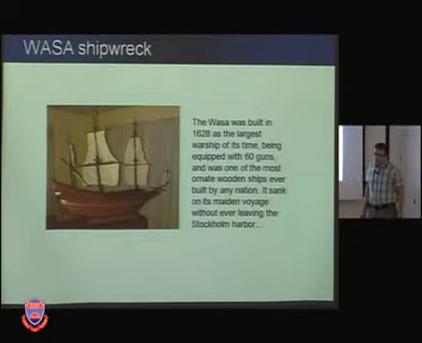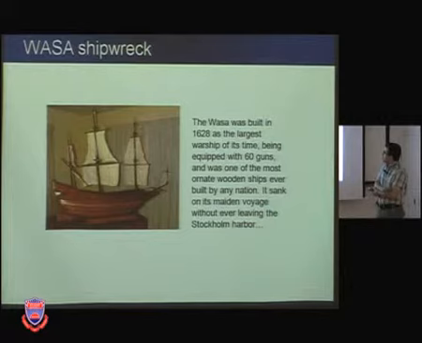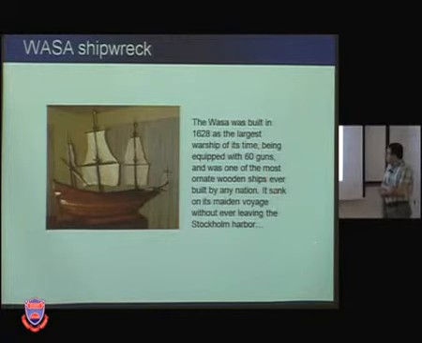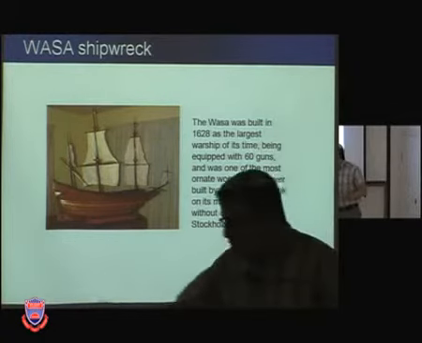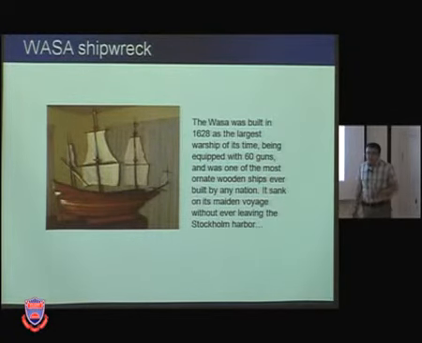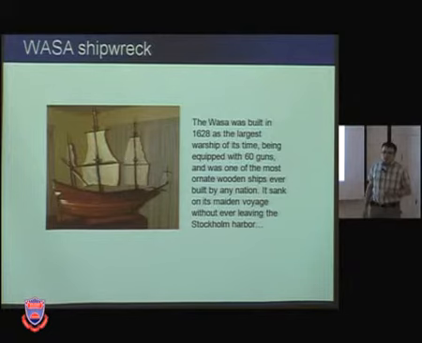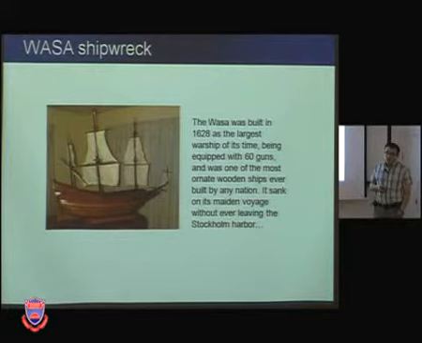As an example, this is a Swedish ship, Vasa, built in 1628. It's the largest warship of the time. It had a very nice bridge, very nice architecture. But it happened that it sank on its first voyage without even leaving the Stockholm harbor.